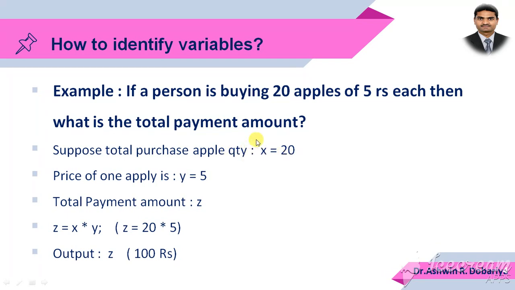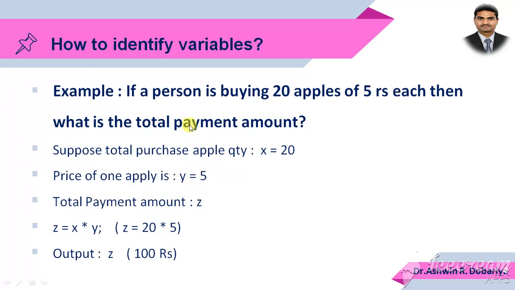You can guess any variable name; this is known as a variable name. Here total purchase is X, and as per our definition X is equal to 20. Then the price of each apple is Y. Suppose we guess the Y variable for price, then here the price is 5.